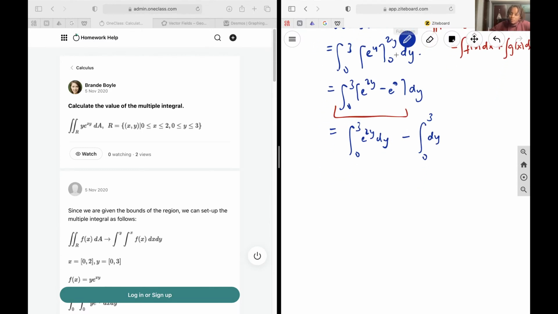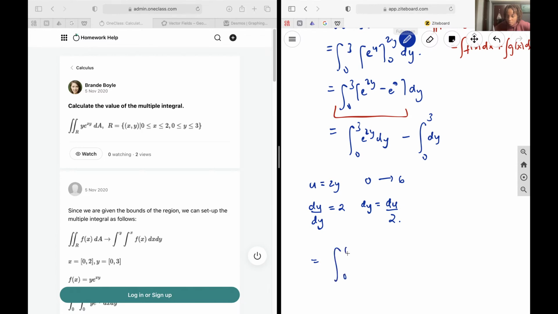Again, I'm going to make the substitution u is equal to 2y. So then I would be integrating from 0 to 6 instead. du over dy is going to give me 2, so dy is equal to du over 2. Then I'm just going to put that all back in. I already know this is going to give me y.